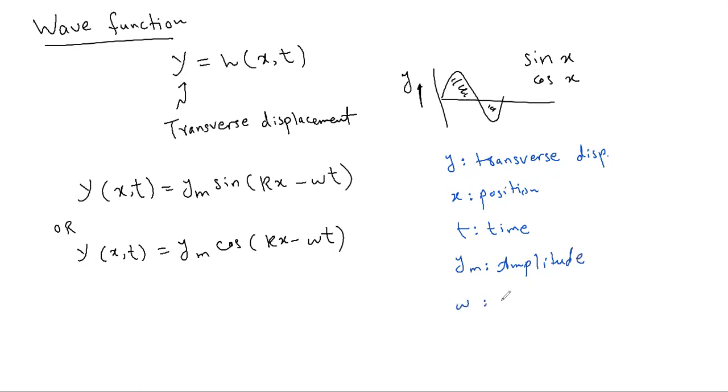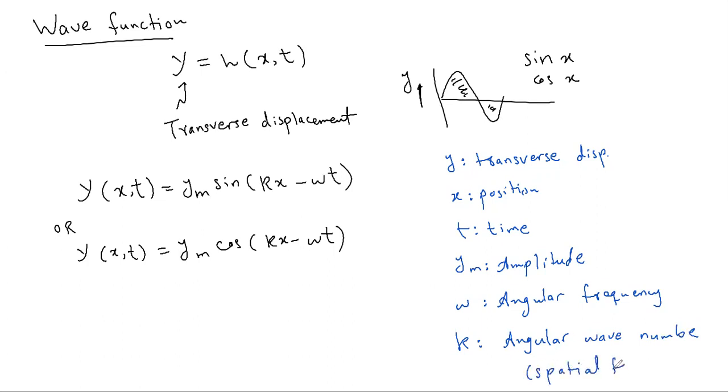Omega is angular frequency, and k is angular wave number. This is also called spatial frequency, and this one is also called temporal frequency.